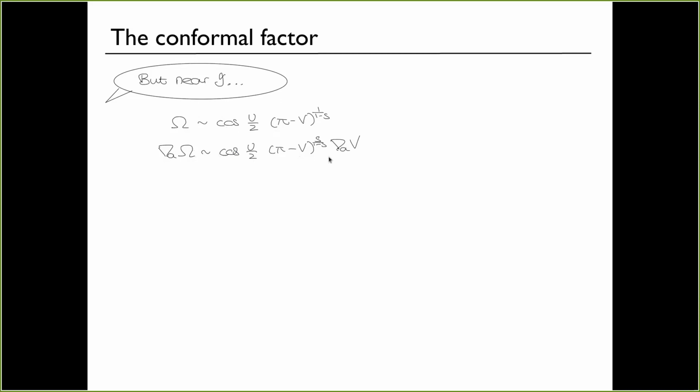Now, this may not worry you, but remember, there were two conditions in the asymptotically flat case that we imposed. In particular, we imposed that omega had to be smooth on scri, and that the gradient had to be nowhere zero on scri. Exactly these conditions are violated.